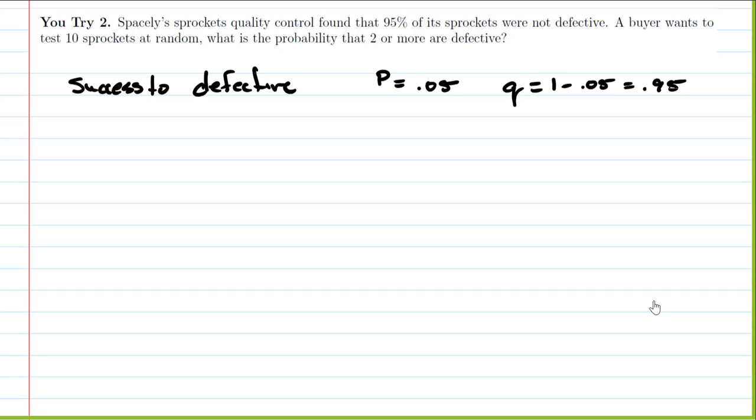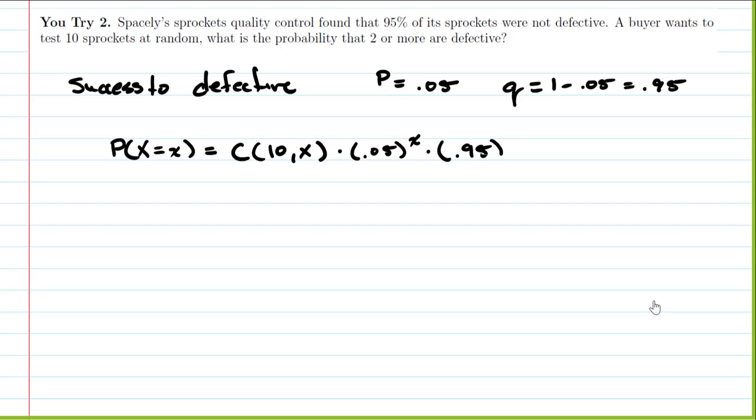And we want the probability that 2 or more are defective. So our probability that x is equal to little x is going to be, well, we're choosing 10, so that's going to be 10 choose x times our probability of success, 0.05 to the x, times 0.95 to the 10 minus x, right?